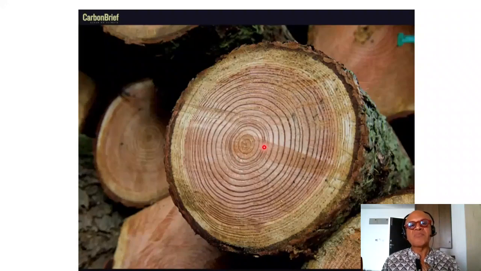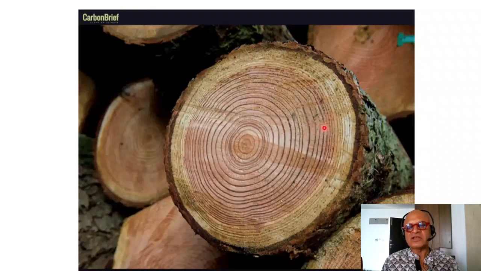So it depends on temperature, rainfall, for example, and the growth bands. Obviously, as the tree grows, the rings keep growing on the outer edge. You can count the number of years if there are annual bands. The thicknesses, you can see the thicknesses are not uniform.